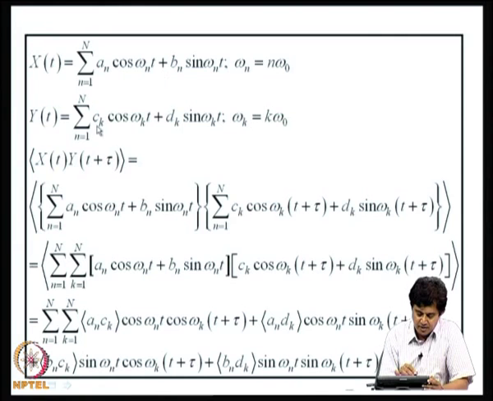Similarly, bn is independent of ck and dk if n is not equal to k. But when n equal to k, I will impose certain restrictions on expectation of an, cn, an, dn, bn, cn and bn, dn, so that I will be able to simulate the properties contained in the cross covariance function.